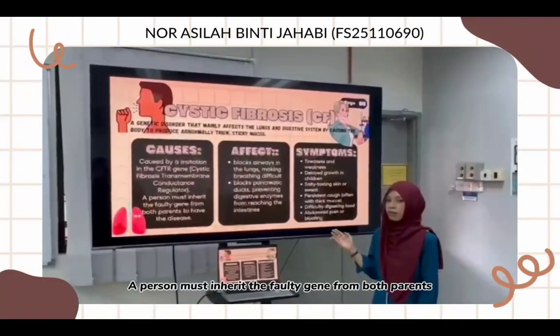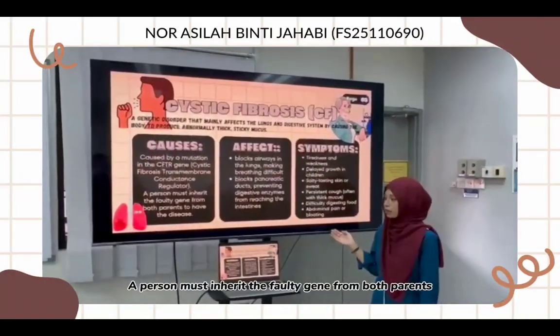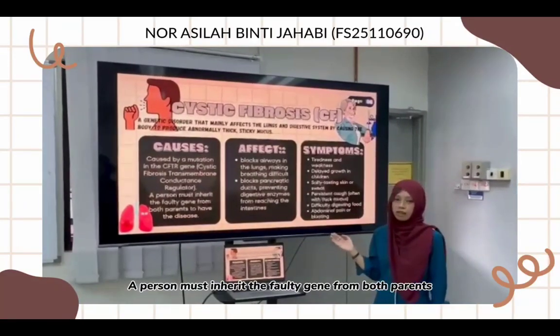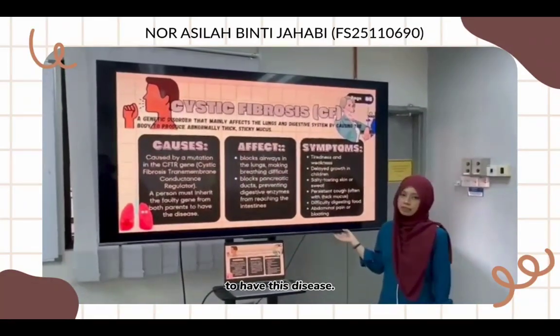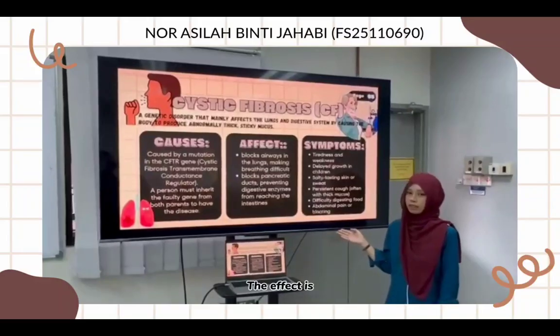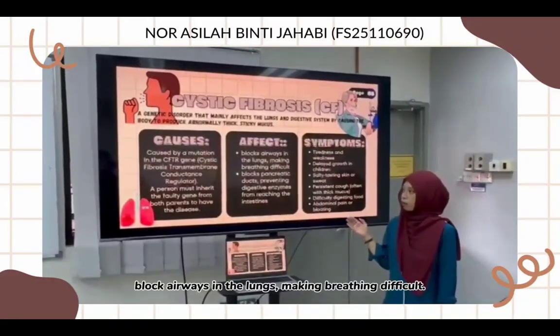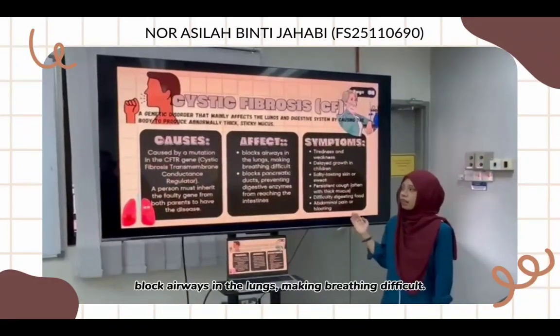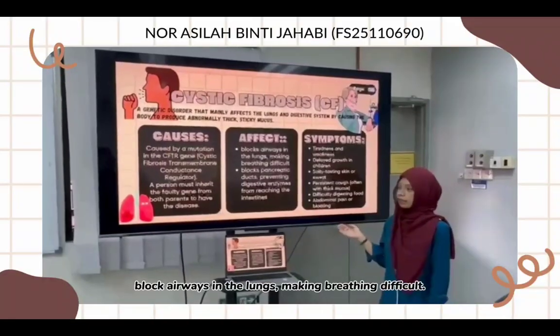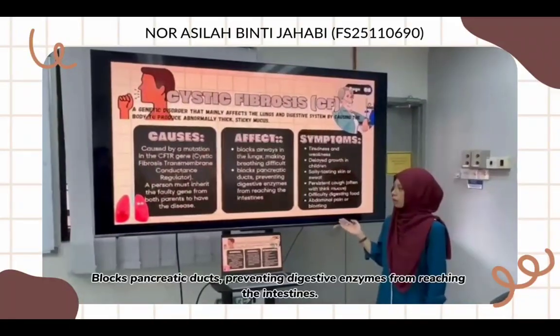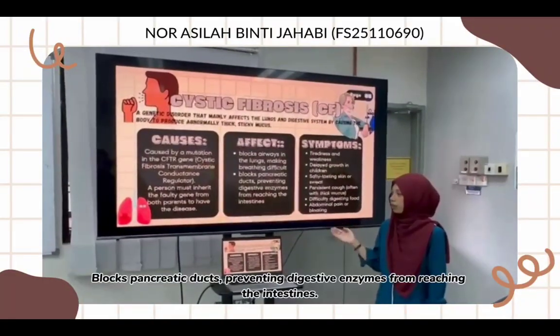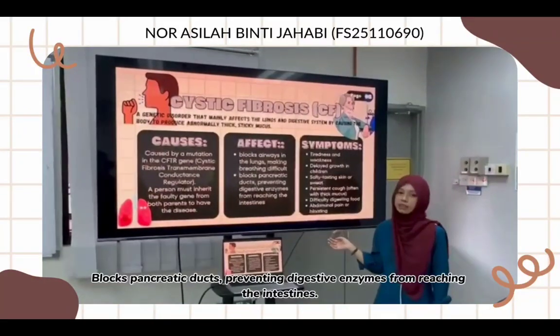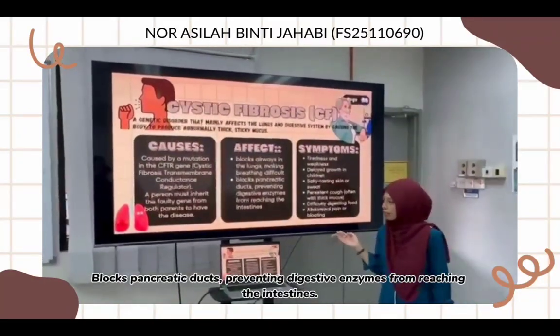A person must inherit the faulty gene from both parents to have this disease. The effect is that it blocks airways in the lungs, making breathing difficult, and blocks the pancreatic duct, preventing digestive enzymes from reaching the intestines.